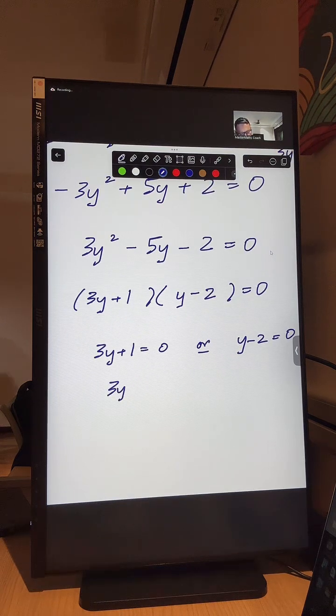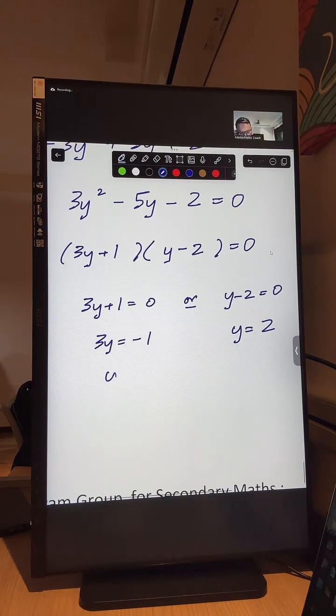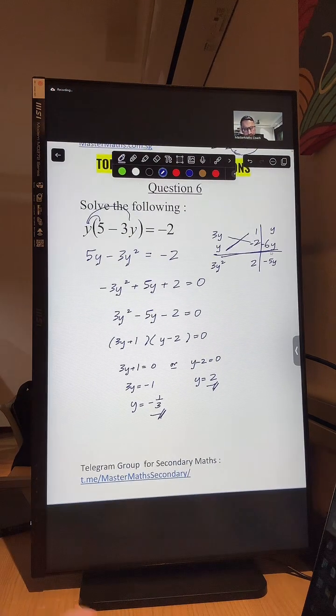Okay? So 3y will be negative 1. y equals to 2. y here will be negative 1/3. So these are our answers here. So this is how we have solved this particular question.